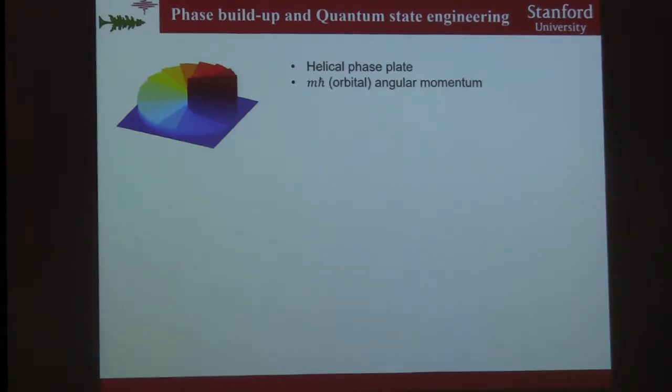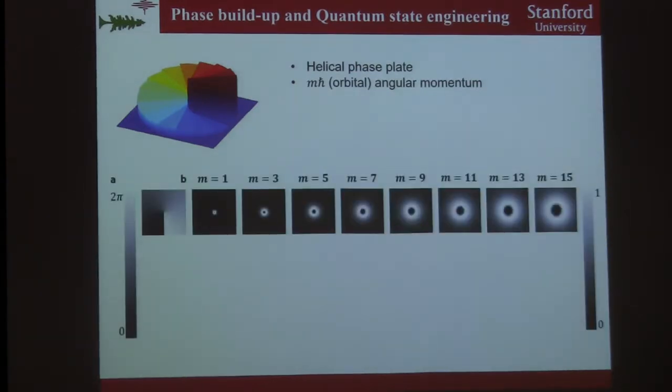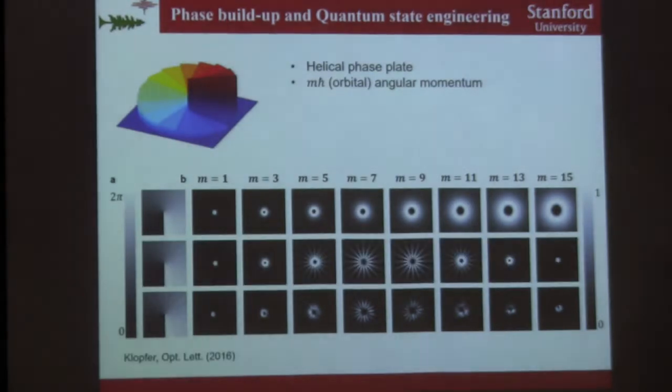And just in terms of having fun with this approach, if you're familiar with orbital angular momentum beams, you can put as your imaging target a helical faceplate in the cavity that does a phase shift like this, where this is 0 and this is 2 pi. You put the light through that, and you make all sorts of interesting orbital angular momentum states.